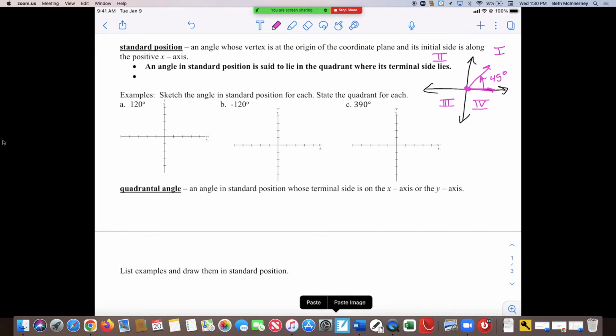So when it says you want to sketch an angle in standard position for each of the following, if I have 120 degrees, I'm making an assumption that you know that it goes 90 degrees, this is 180 degrees, 270 degrees, and then no rotation is 0, and a full rotation is 360.